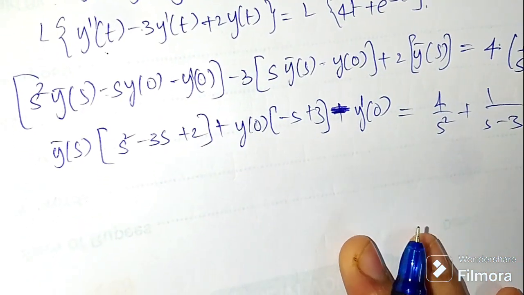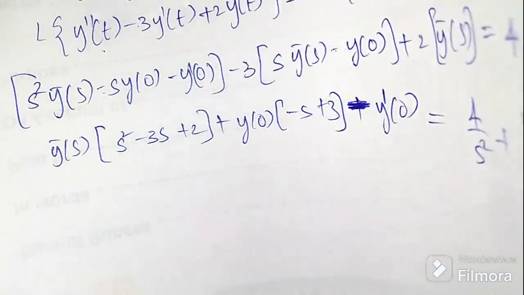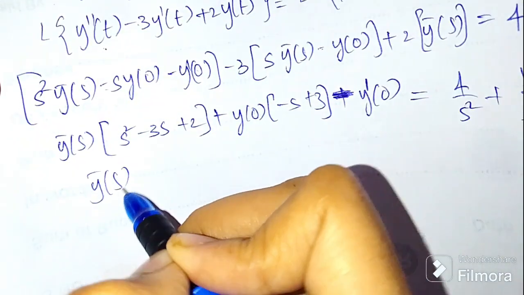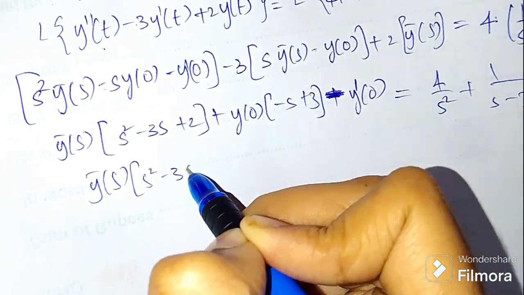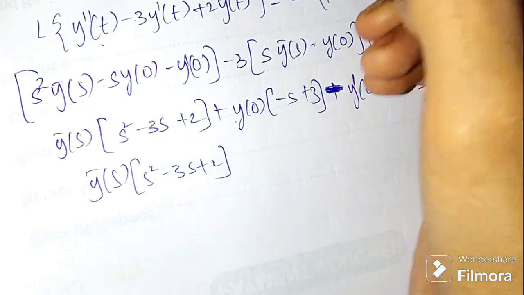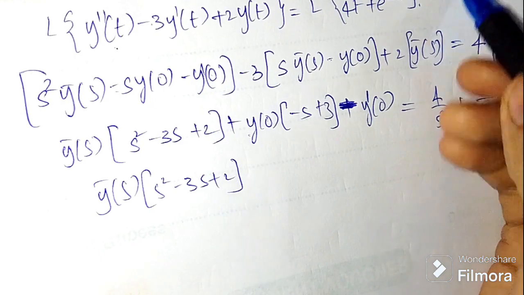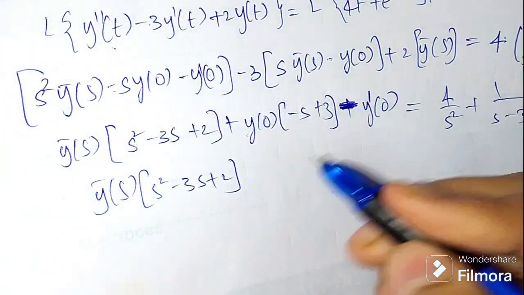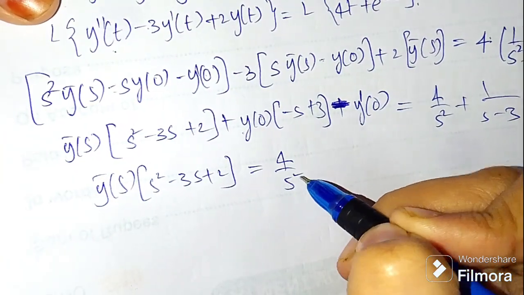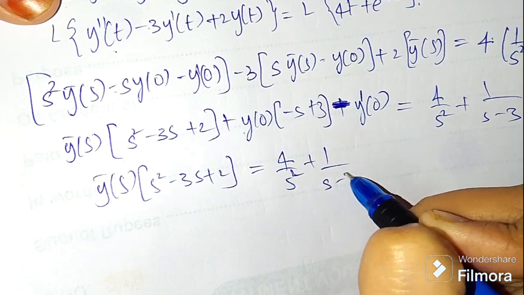So y bar of s into s square minus 3s plus 2. What is my y of 0? 1. So this y was minus 1. So we'll shift it that side: 4 by s square plus 1 by s minus 3.